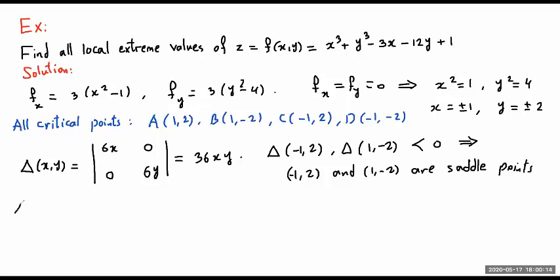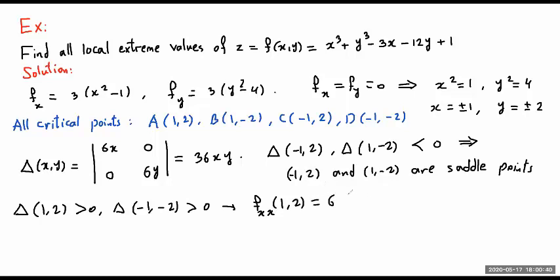Now let's calculate delta at the point (1, 2). And we will find that this is positive, and delta at (-1, -2) also positive. So what is fxx at (1, 2)? The answer will be 6 times x. So 6 times 1, so it's 6. So it's positive.